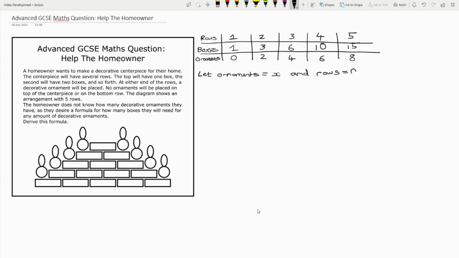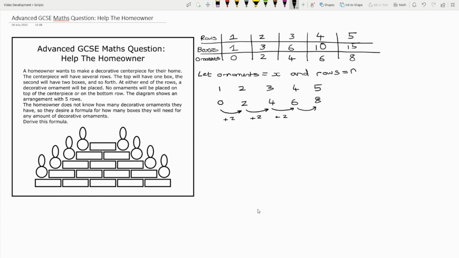So we have the first row, second row, third row, fourth row, fifth row, and the ornaments will be 0, 2, 4, 6, 8. So you can see that we have a linear sequence here because each time we move a term to the right, we're adding 2.